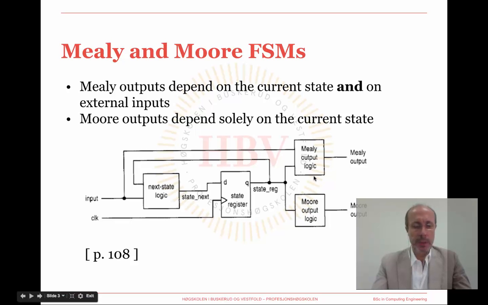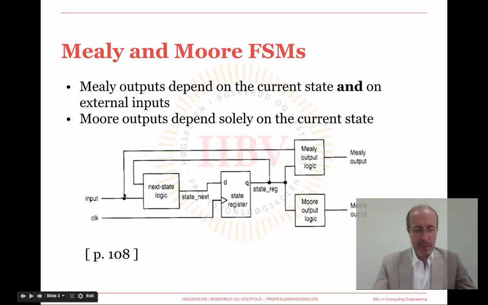The difference between these 2 types is illustrated in this slide. In the case of Mealy machines, the external outputs that you see here depend on the current state, but they depend also on the value of the external inputs.